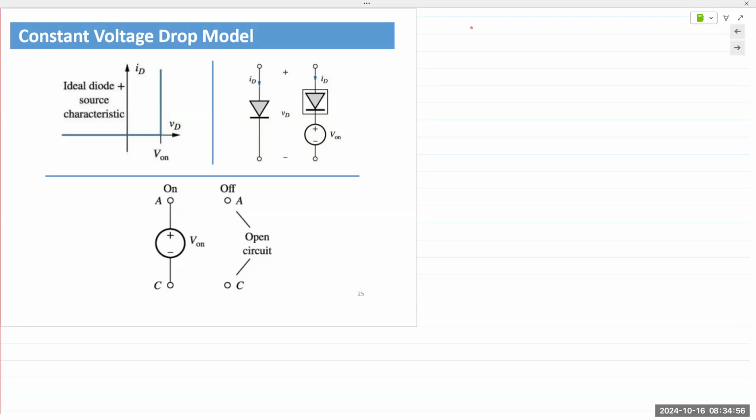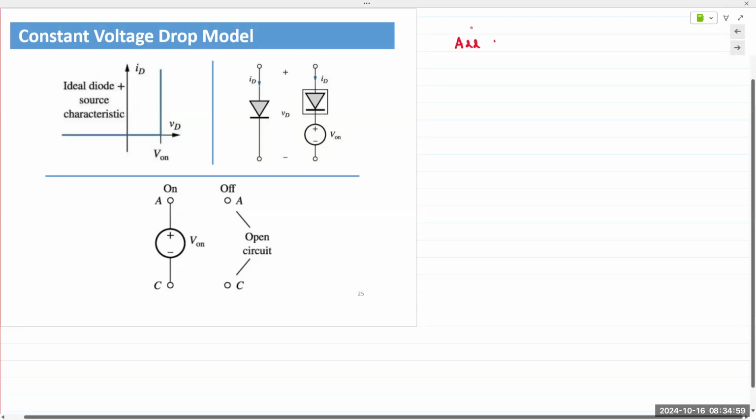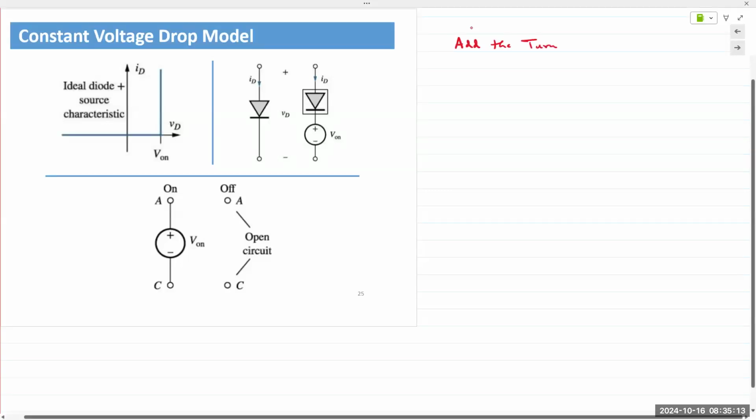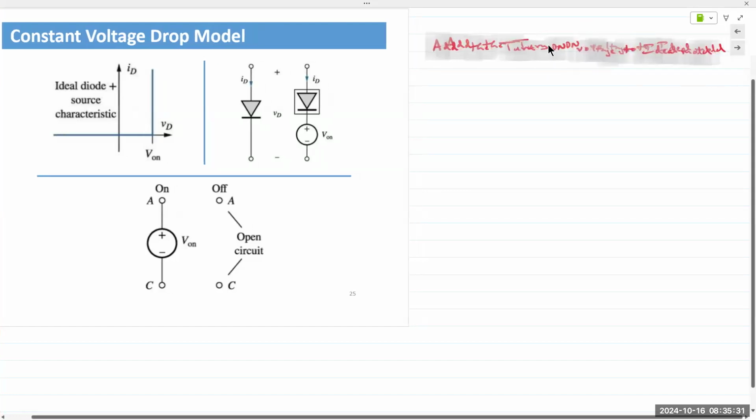So we add in the built-in potential, the threshold voltage that is required to overcome the built-in potential to turn on the diode. We add the turn on voltage to the ideal model.